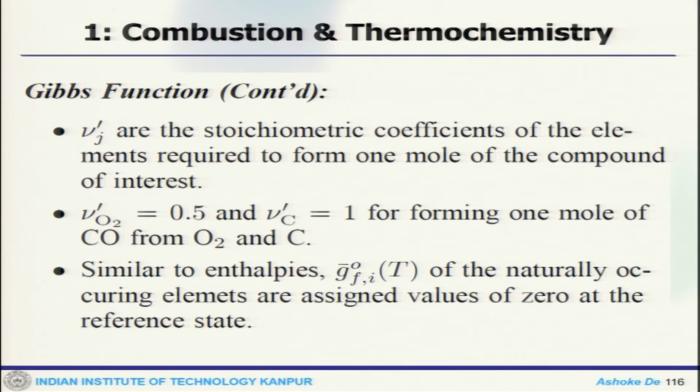So, as I said, nu J I are the stoichiometric coefficients of the elements required to form 1 mole of the compound of interest. Let us say the example that we had, so O2 would be 0.5, nu prime C will be 1 for forming 1 mole of CO from O2 and C. Similar to the enthalpies, Gibbs function of the naturally occurring elements have 0 values at reference state.